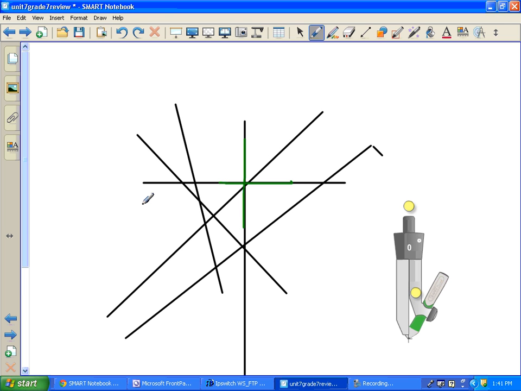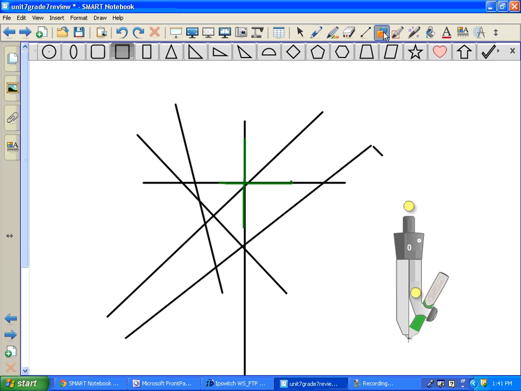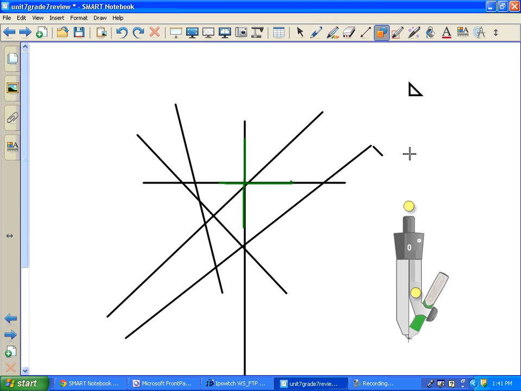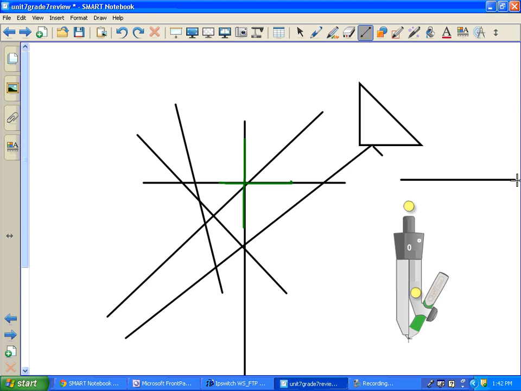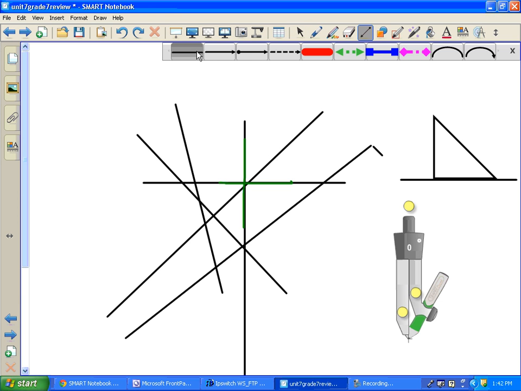An easy way to draw a perpendicular line, of course, if you have a little tool like a triangle, you can simply use your triangle to draw a perpendicular line. So you just draw a line across like this, and then of course you'll go ahead and put your triangle right on it, because triangles that have a right angle like this, you can simply just measure it up and there you go.